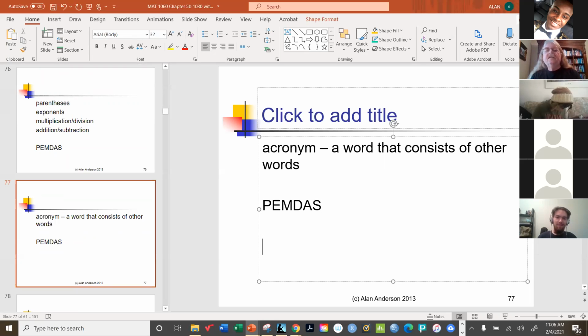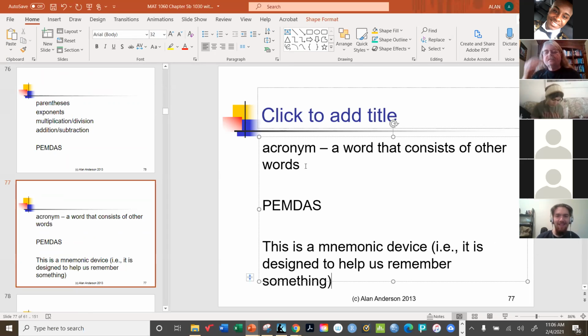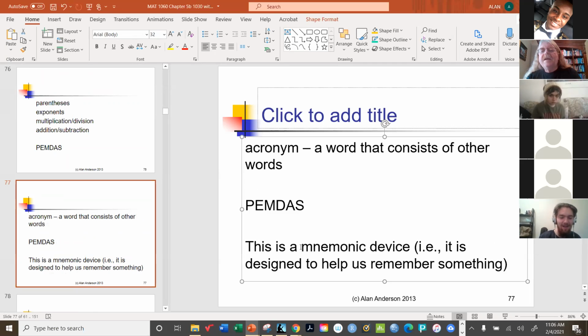And this is a mnemonic device, which means it is designed to help us remember something important. This is maybe the only word you've ever seen that starts with MN. It's a little weird. It's a Greek word. That's why it's kind of unusual.